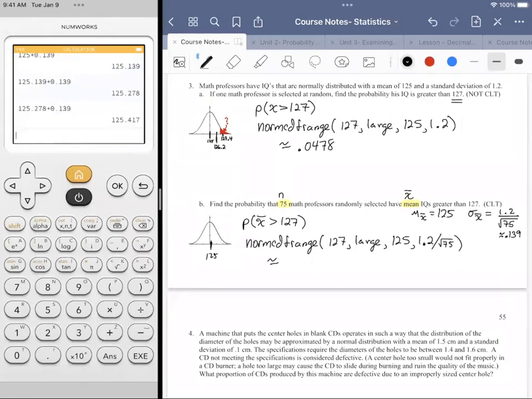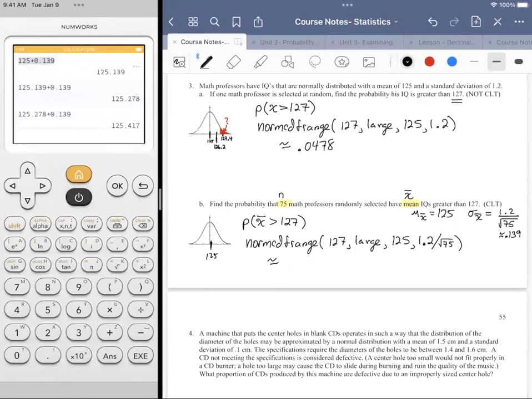I'd have to keep adding over and over and over again before I even got to the neighborhood of 127. So I did 1, 2, 3, 4, 5, 6, 7, 8, 9, 10, 11, 12, 13. I think 14 standard deviations is what it would take to get us to 127.